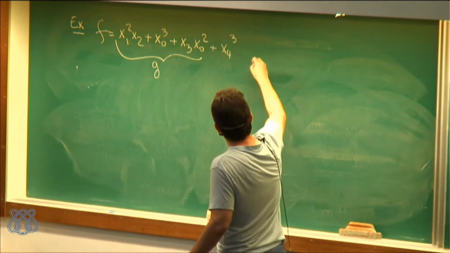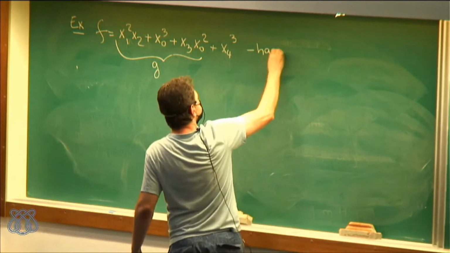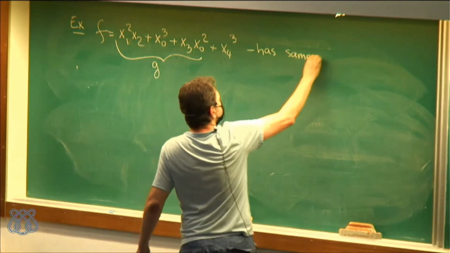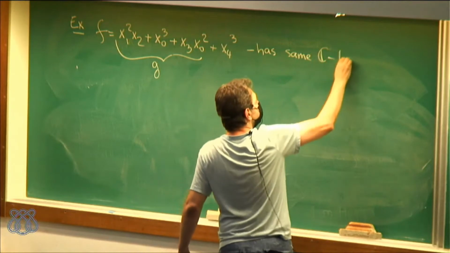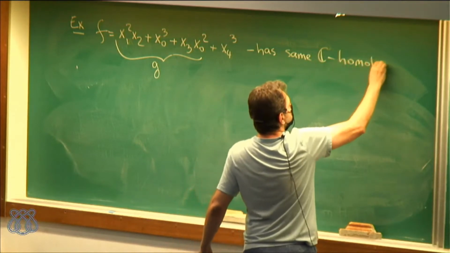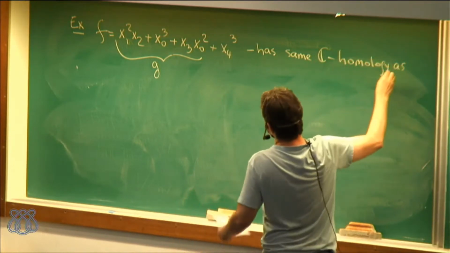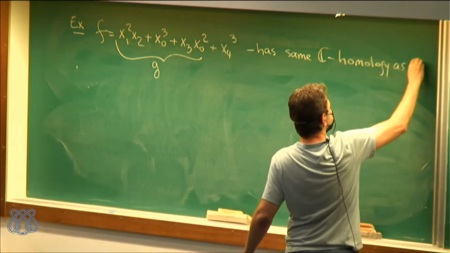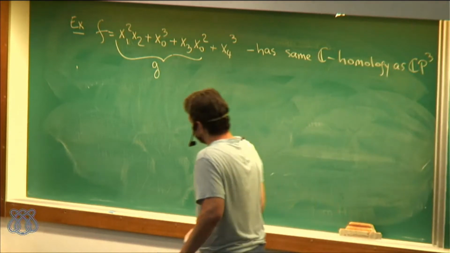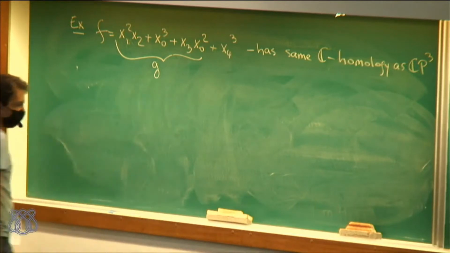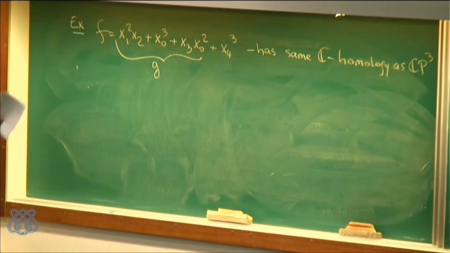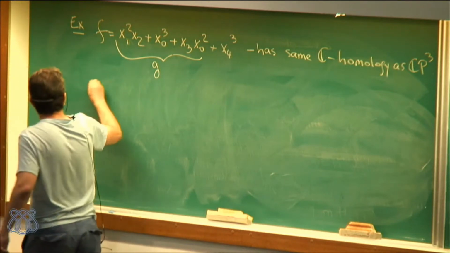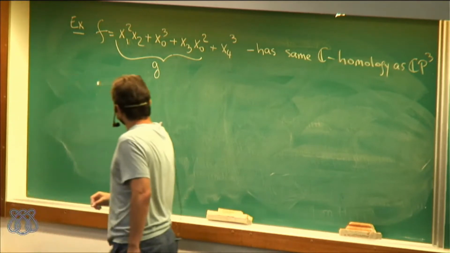And the claim is that this has the same C homology as CP^3. So calculating the monodromy of G and showing it is the identity, in this case, is not too difficult. But what I want to do eventually in the afternoon is to actually also discuss the following.